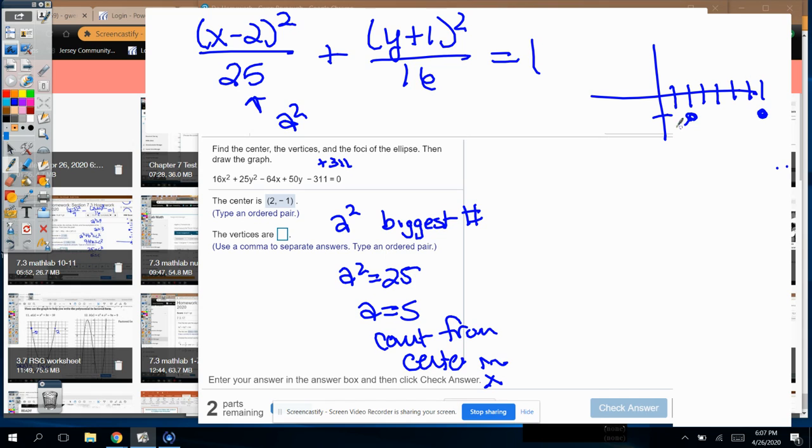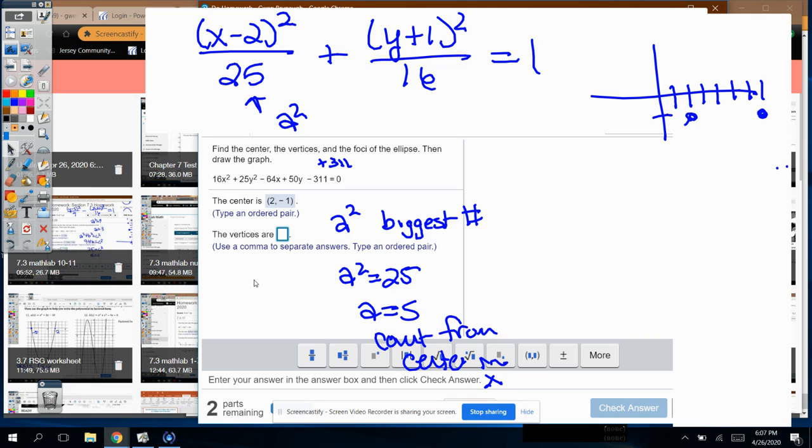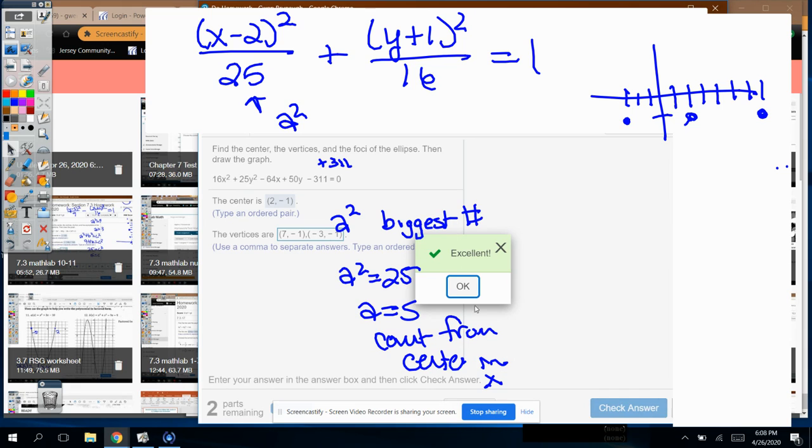So I'm still down 1, but you take 2 plus 5, which is 7, and down 1. Now you do the same thing in the opposite direction. 1, 2, 3, 4, 5. And that's going to be at negative 3, negative 1, because you're still down 1. One of those numbers is going to stay the same. Negative 3, negative 1. And those are your vertices.